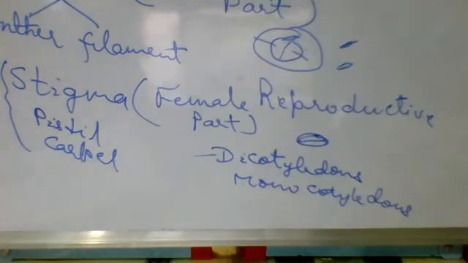Then after that, what are the conditions required for germination of seed? We say suitable condition, favorable condition, but what are they? क्या क्या है वो? बताओ.